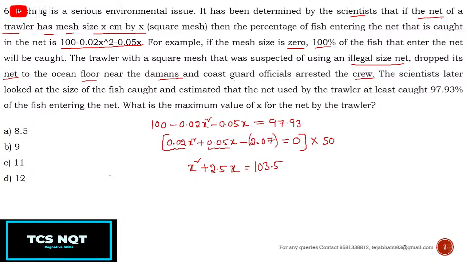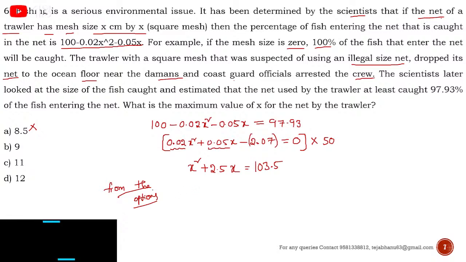Now from the options, keep this 8.5 aside, because it is a decimal value. Now check with the normal value 9.